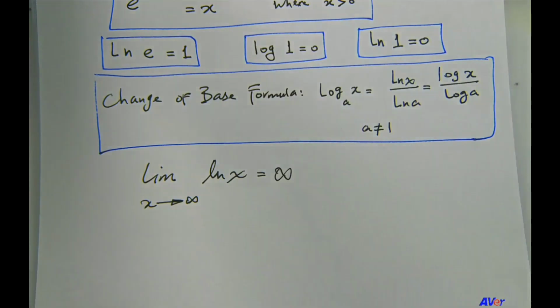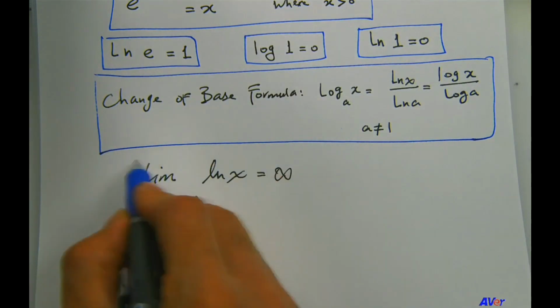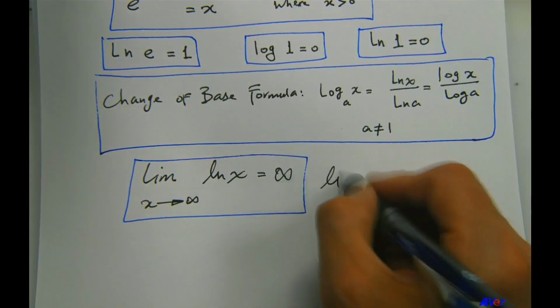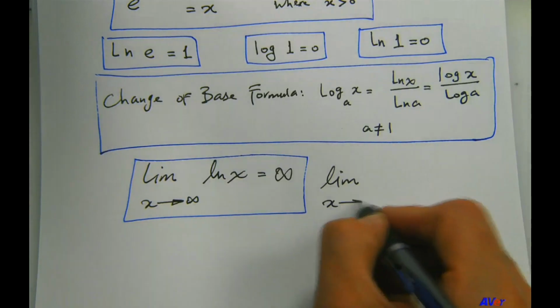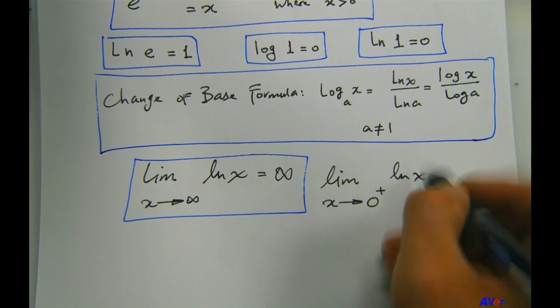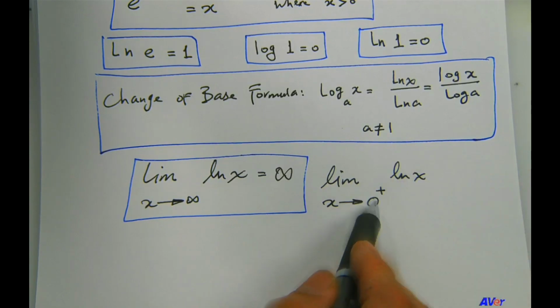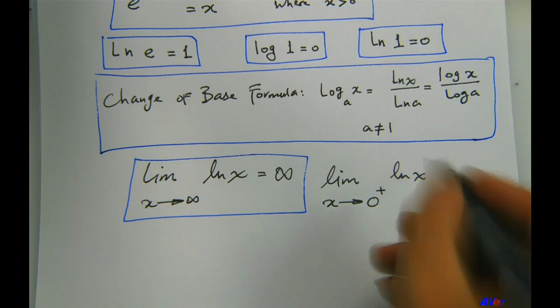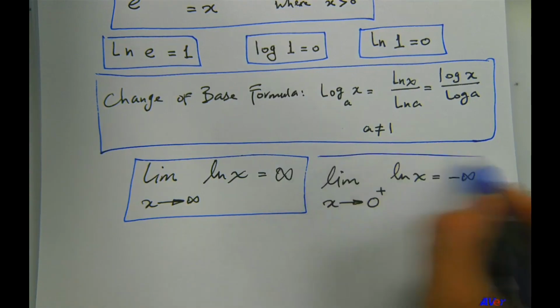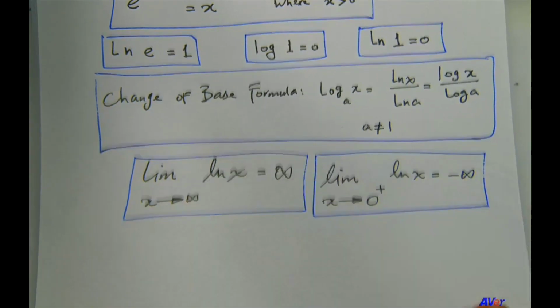And the limit of the natural log of x as x approaches 0 from the positive side would be equal to minus infinity, because the natural log or log of any value between 0 and 1 is a negative number, right? We know this from the previous courses.